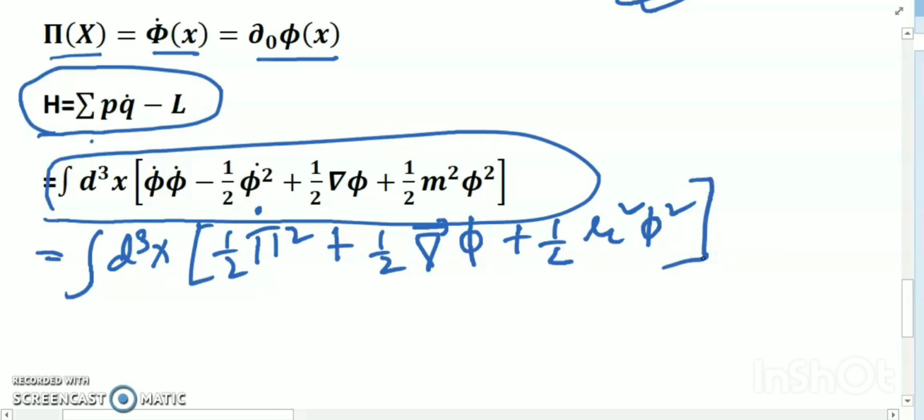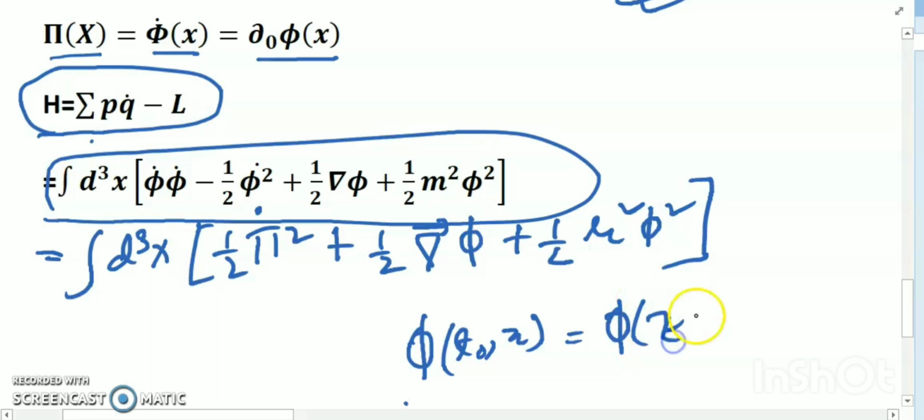So we remember we have to create a conjugate momentum associated with the generalized coordinate. We take phi of t, x equal to phi of tau, x.